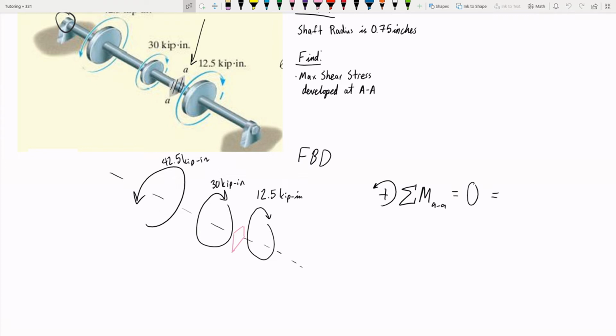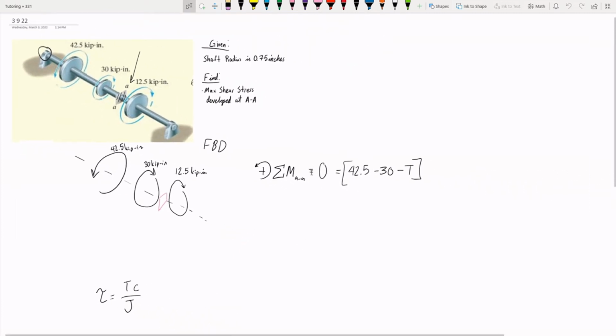Now, because of this orientation, the 42.5 is positive, minus the 30, and then minus the torque acting. And I'm going to say that this is all in kip inches.